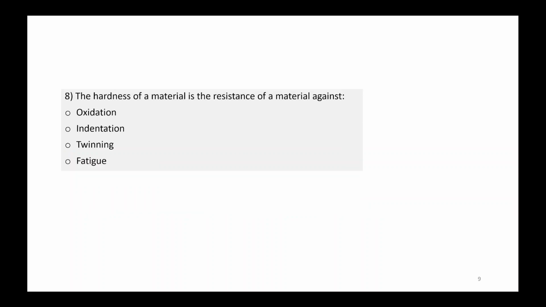Now question 8 is: the hardness of material is the resistance of a material against, and your options are oxidation, indentation, twinning and fatigue.